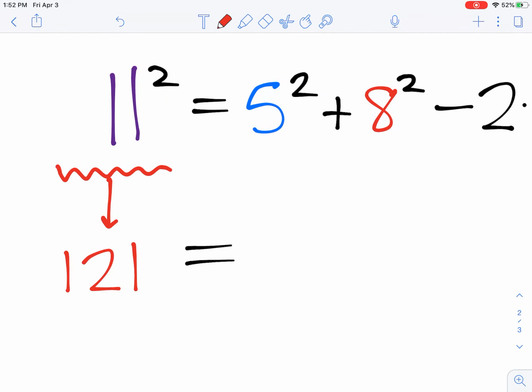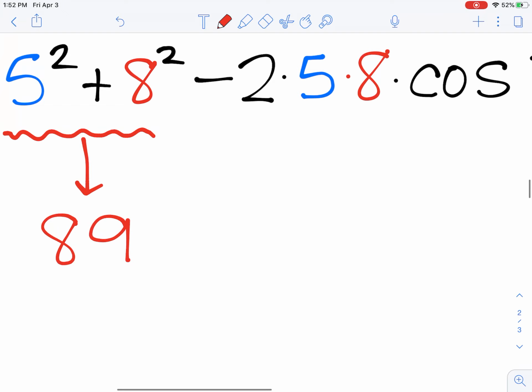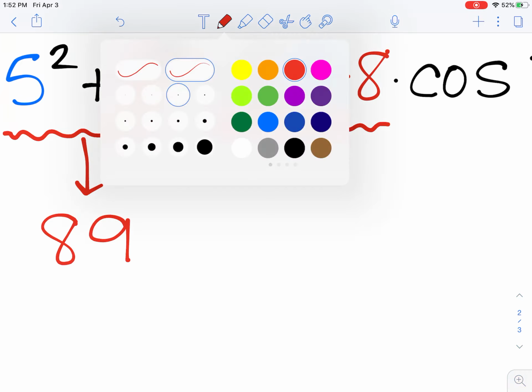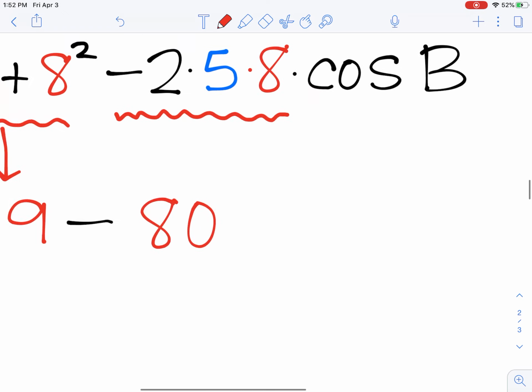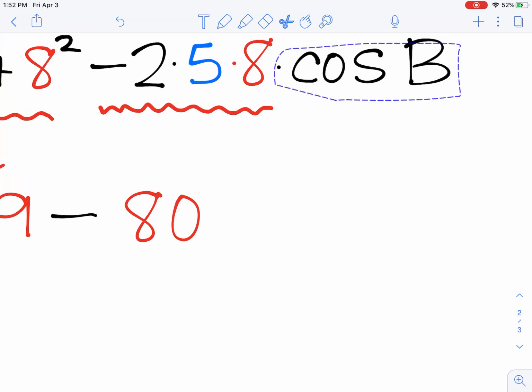Next, we're going to take 5 squared plus 8 squared. And that result is 89. Then we're going to evaluate this portion that precedes the cosine, that it's times. So we're going to take a negative 2 times 5 times 8. And that gives us a negative 80. And that is still times cosine B.